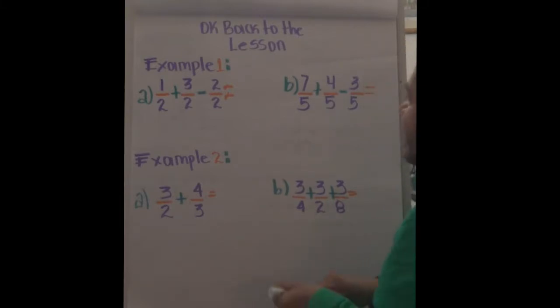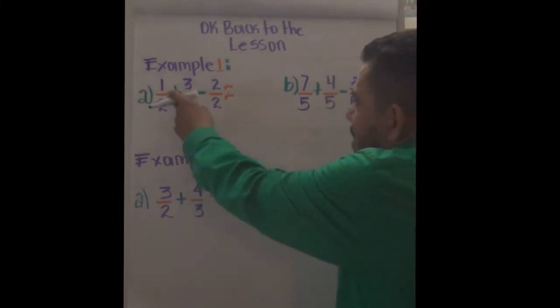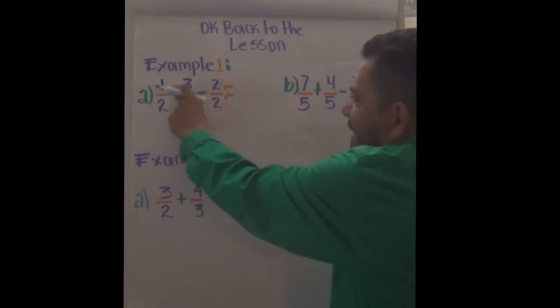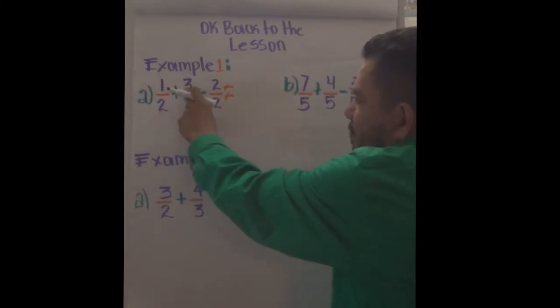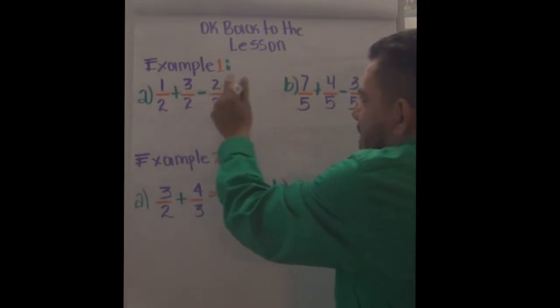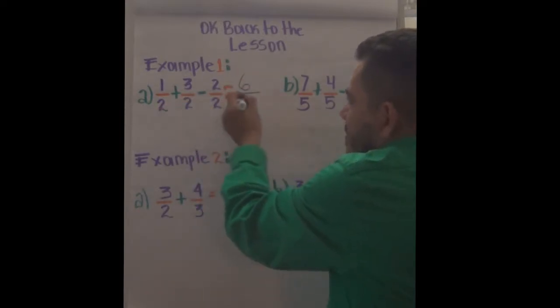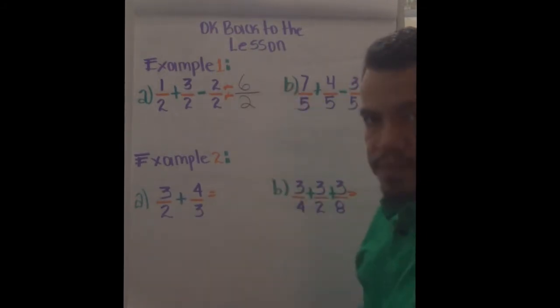In other words, to add fractions containing the same denominator, add the numerators and copy the denominator. So 1 plus 3 is 4, plus 2 is 6. 6 over, you guessed it, 6 over 2.